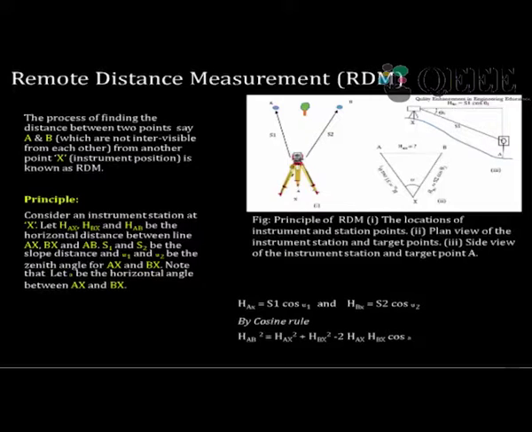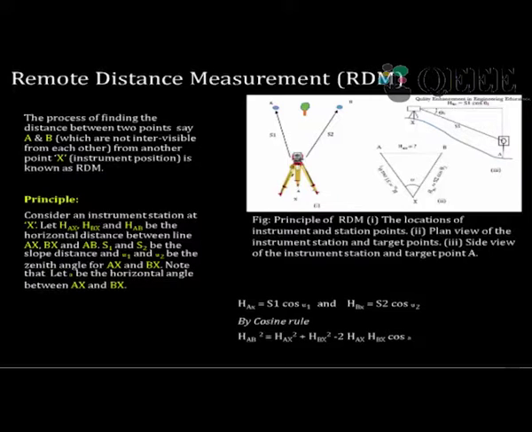Once you have set up the instrument at point X, we have to measure the horizontal distances between the instrument station X and station A, and similarly between station X and station B. So once you know the distance between A and station X, and similarly B and station X, and based on the angles, we can easily calculate the distance between points A and B.